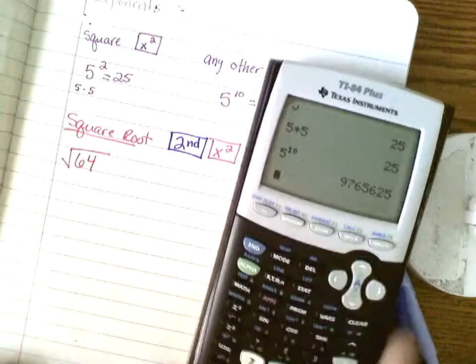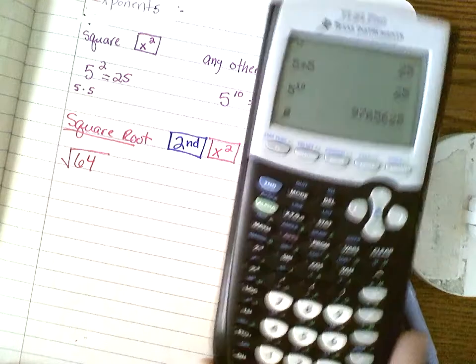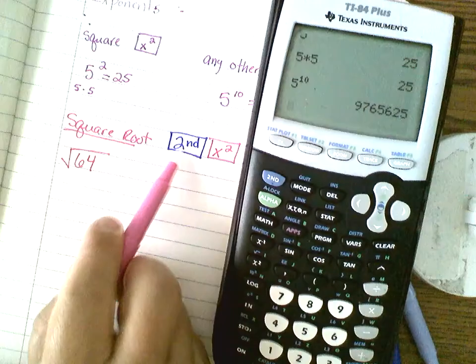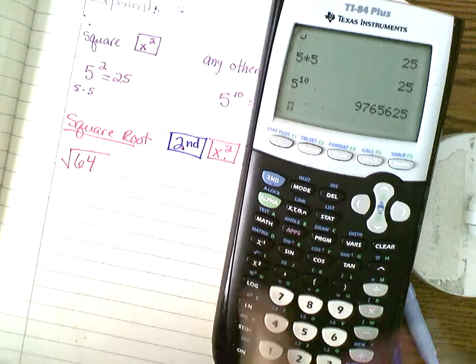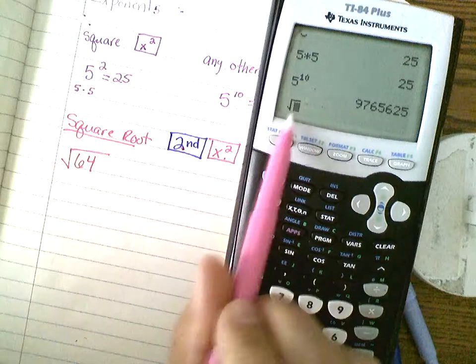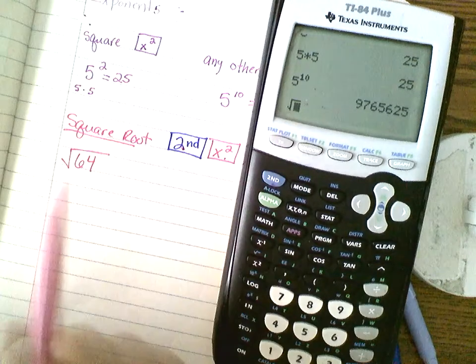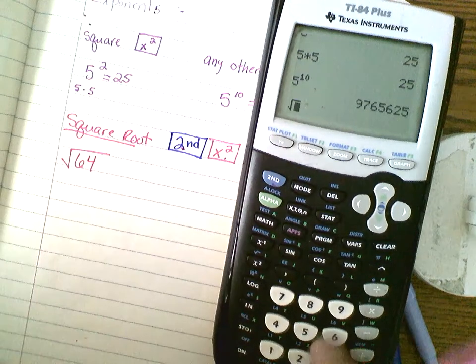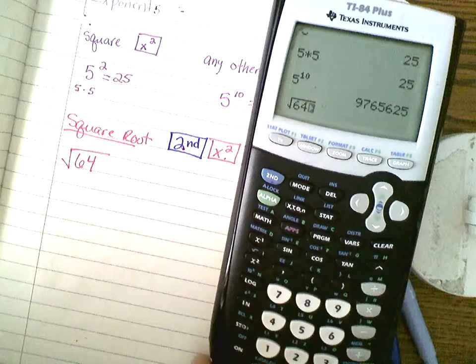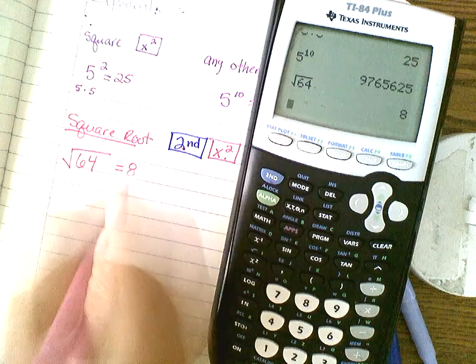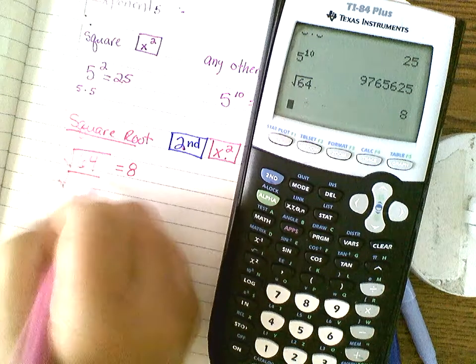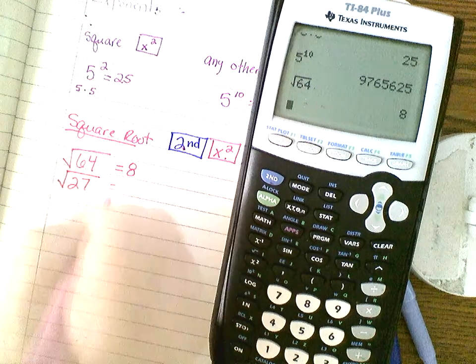Okay? So if I want to take the square root of 64, I will push the second button, the x squared button, and you'll see the square root symbol pop up on your screen. So I want the square root of 64, and that gives me 8. Let's try that again. What is the square root of 27?